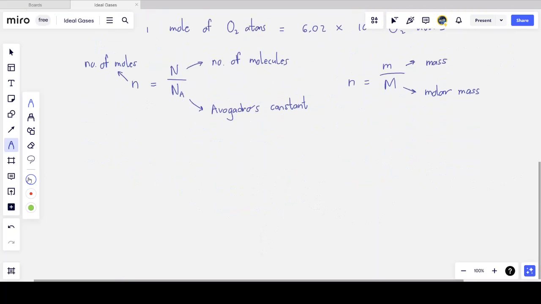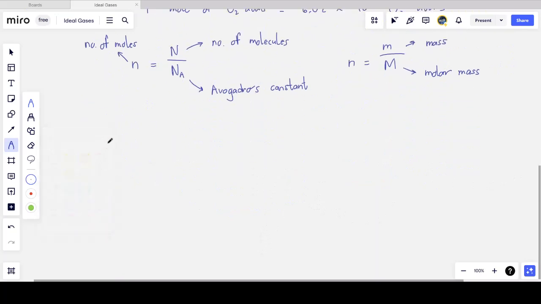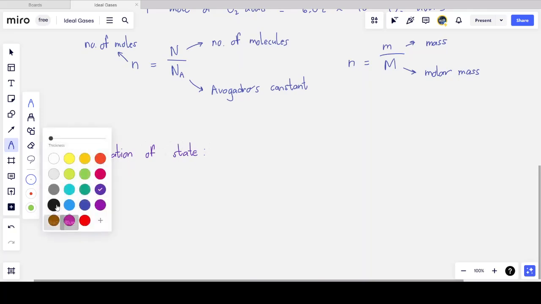This is helpful when we build up to the equation of state, also known as the ideal gas equation. Again, if you do chemistry, this is more familiar to you. But before we get to the equation of state, we have to derive our way there, in a sense.